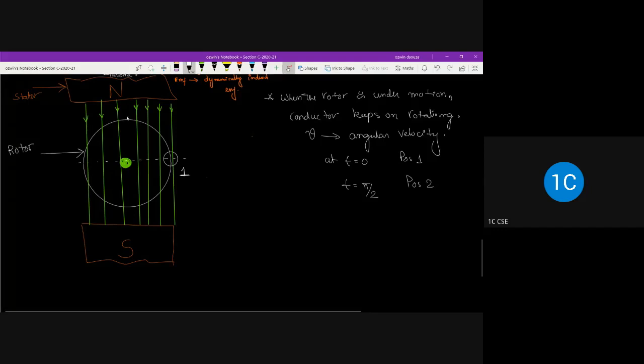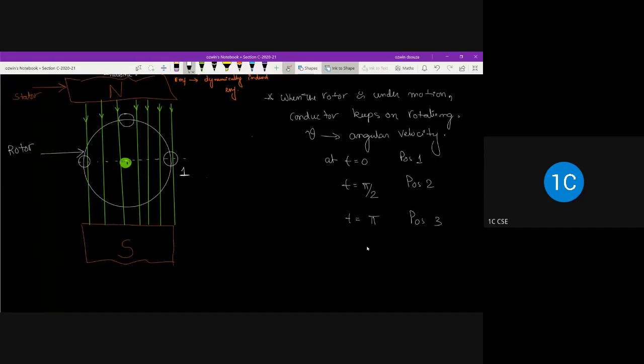At π interval, let's say it occupies position 3.